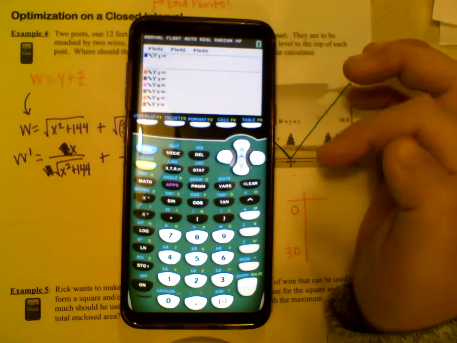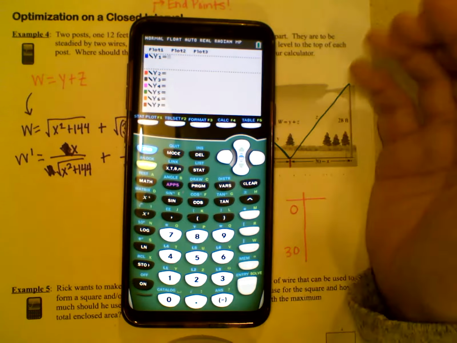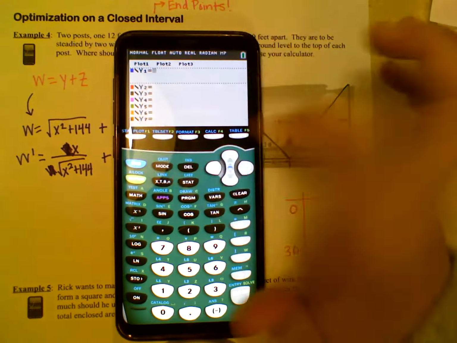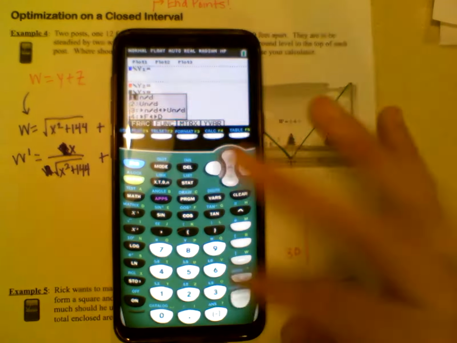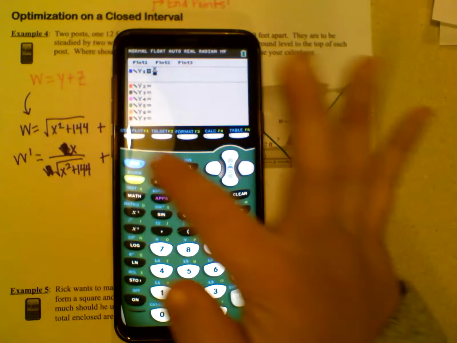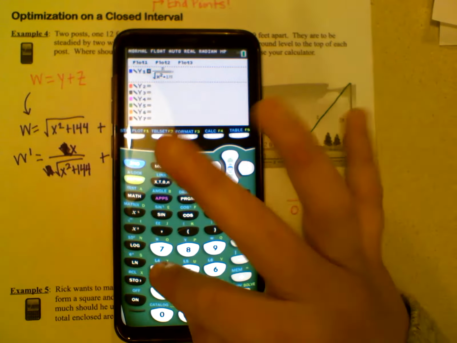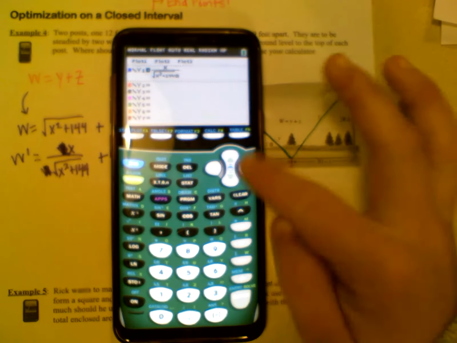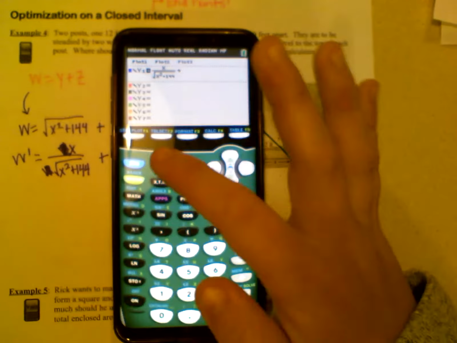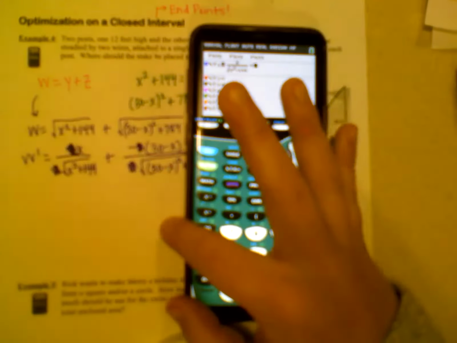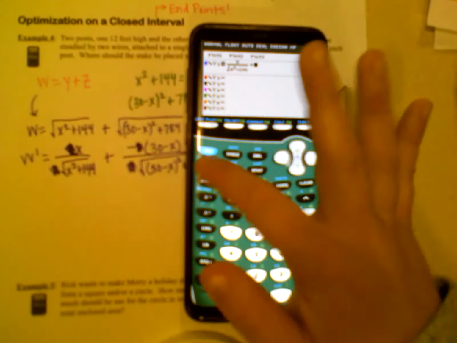This is a TI-84, so it would be very similar to the ones that you have in class. So in your y equals, you clear out whatever's in there, put in your fraction, x over the square root of x squared plus 144. And then plus, we have another fraction.